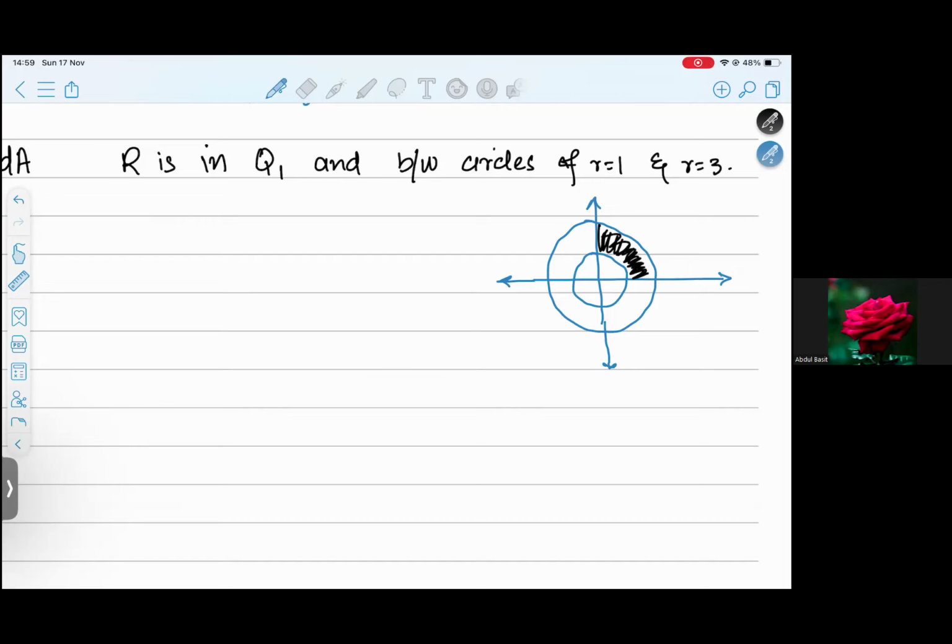So the limits of radius will be from 1 to 3, and the limit of theta is in the first quadrant, so theta moves from 0 degree till pi over 2. So the limits of theta are from 0 to pi over 2.